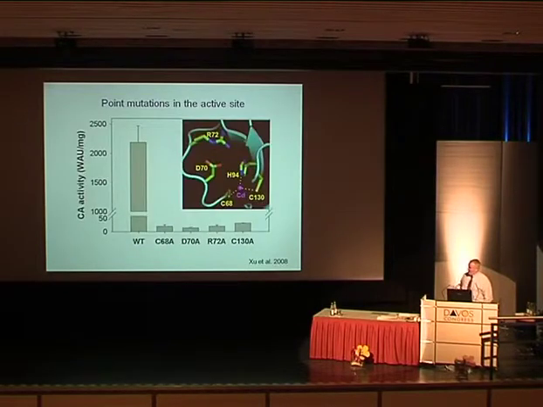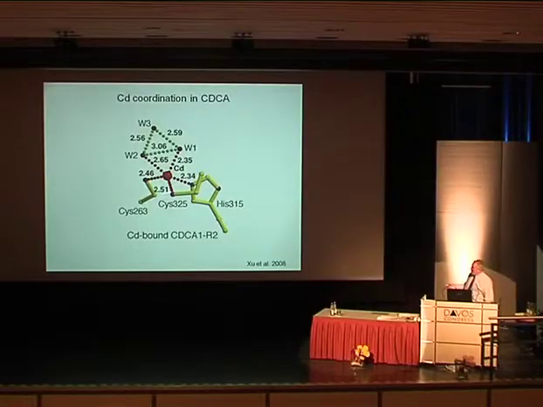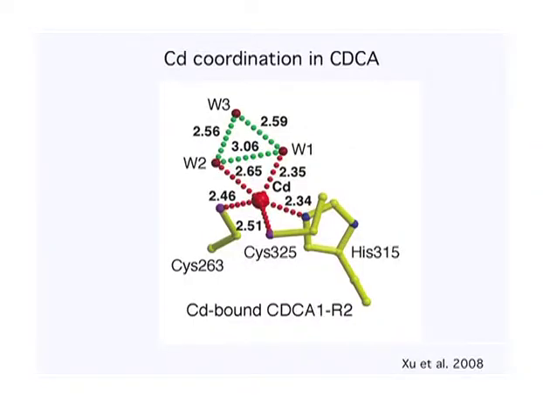If you mutate any of those residues here, here's the wild type activity, here's the mutated activity, there's nothing left. It doesn't work if you get rid of those amino acids, of course. And so here are the actual binding distances for the metal in the enzyme. And what you see, of course, is the binding of cysteine and histidine, but you will see also here is the water binding.